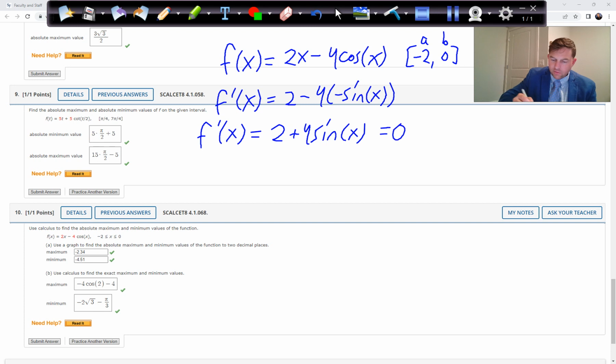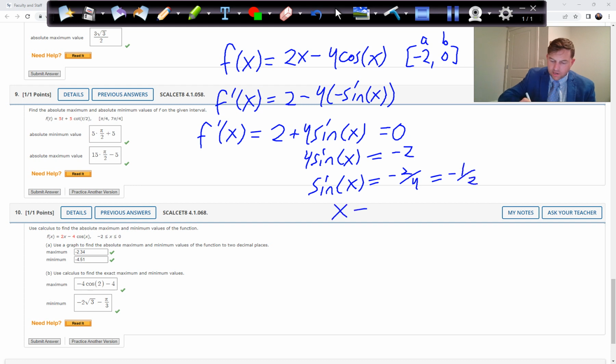Set that equal to 0. We're going to get 4 sine x equals -2. Divide by 4. Sine x is minus 2/4, which is minus 1/2. And sine x is minus 1/2 when x is -pi/6, which is in the interval.